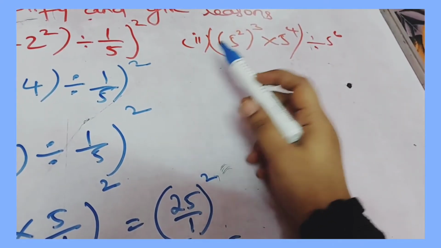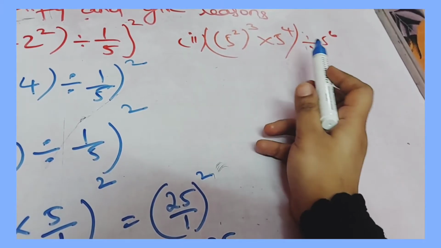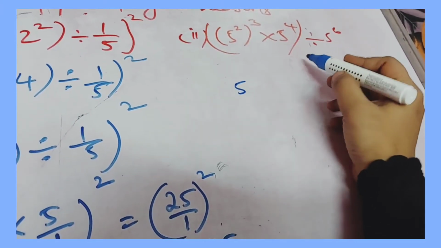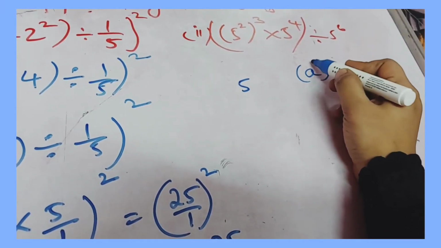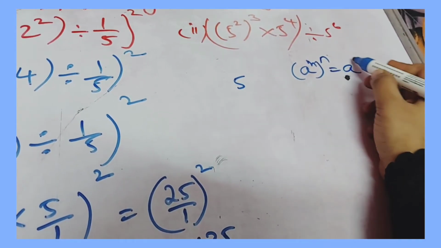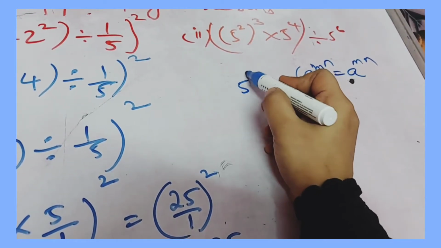So what is the second bit? (5 power 2) whole cube plus 5 power 4 divided by 5 power 6. Which identity do you have to use here? (a to the power of m) to the power of n is a to the power of m into n. So 2 3s are 6.